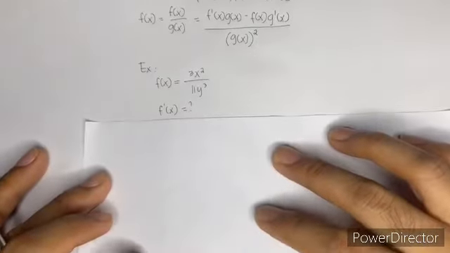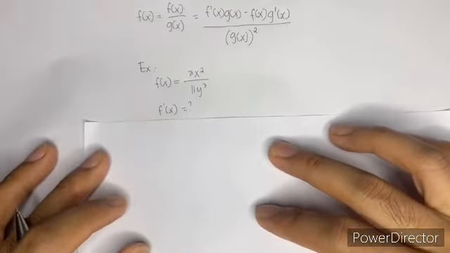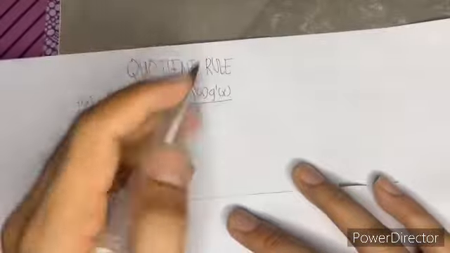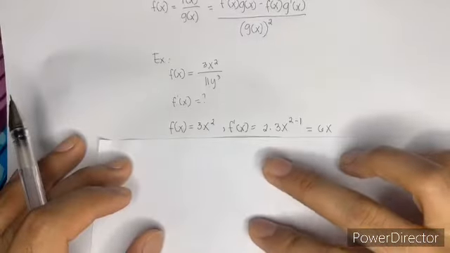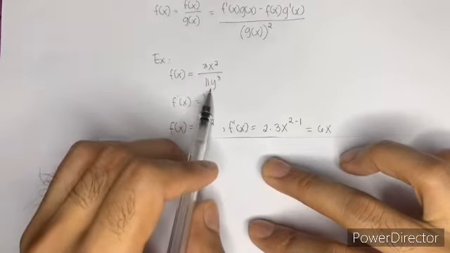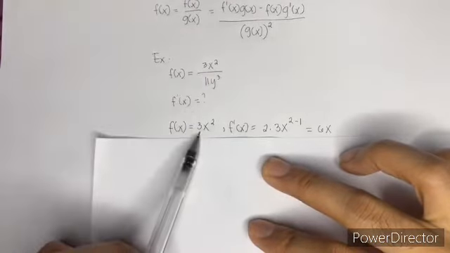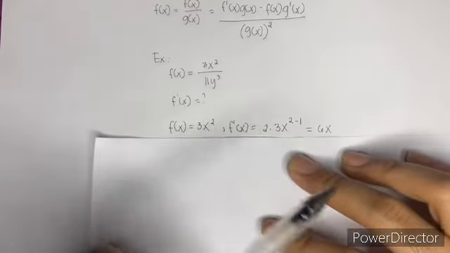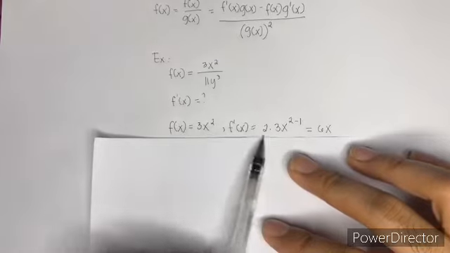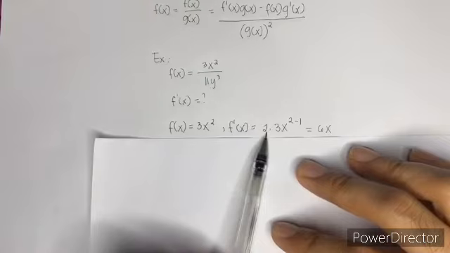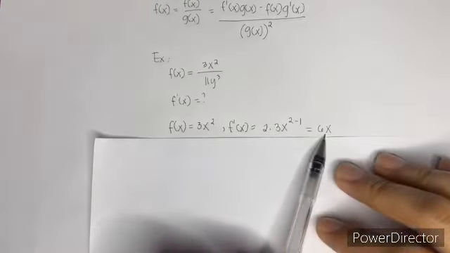So first, what I did is categorize their values first so I can substitute them properly into our given formula. So our f here is the numerator and this is our g of x. F of x here is 3x squared. Then for its f prime, we use the power rule. So 2 becomes the base placed here. So 2 times 3 is equal to 6.